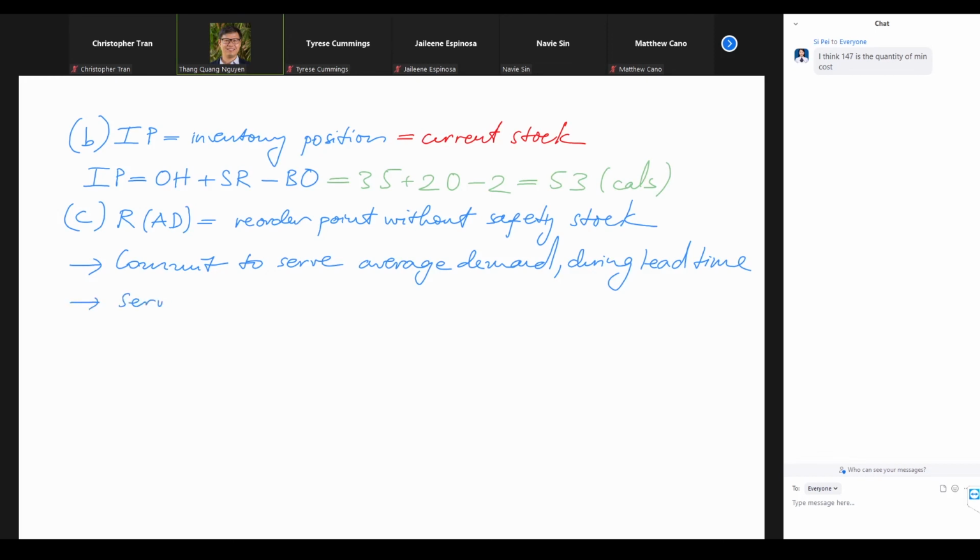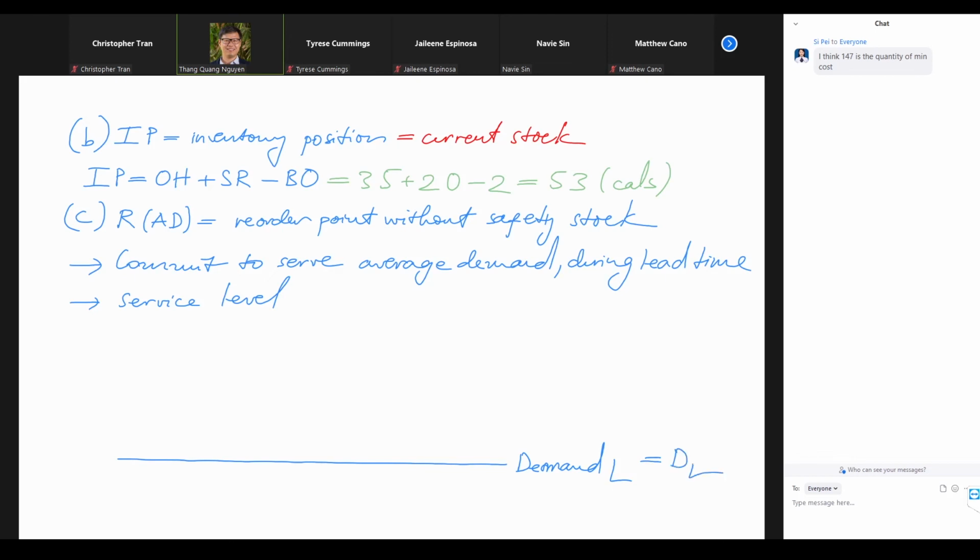So here's a picture of the service level. Okay, what I'm drawing here is the demand during the lead time, demand L or DL, right?